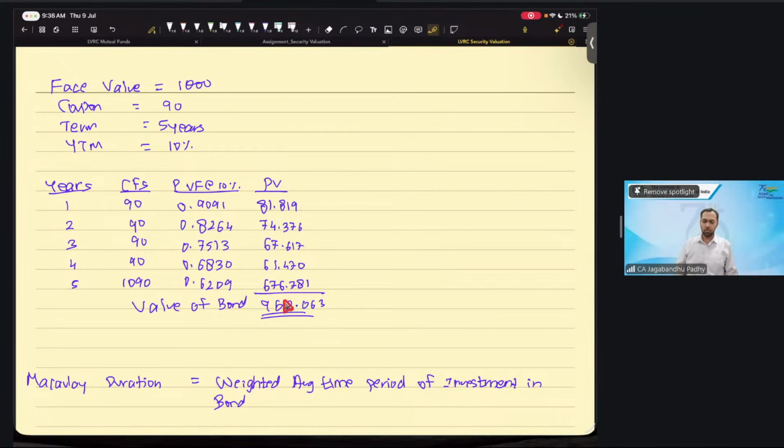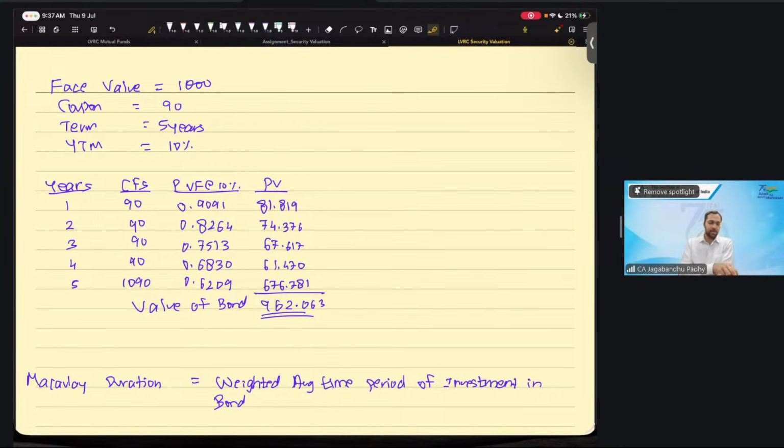So when I want to know the weighted average time period of investment, I can't say that this entire amount is blocked for 5 years. In fact, it is blocked for a smaller time period.